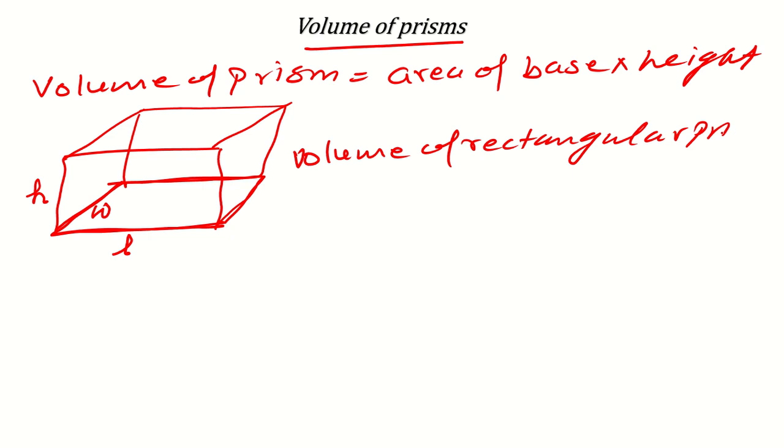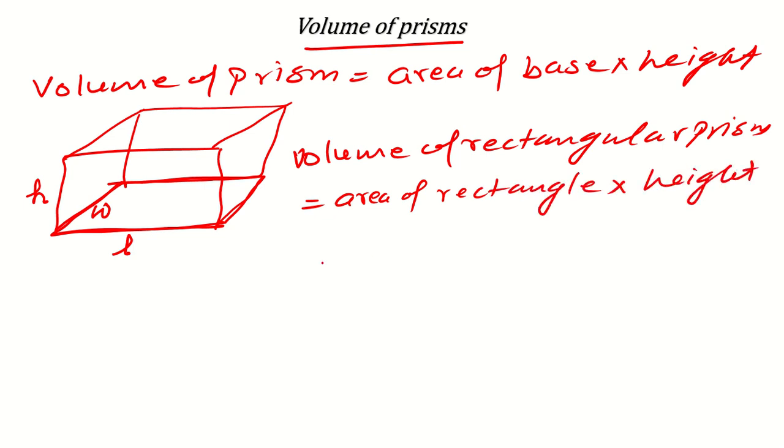The formula is the same: area of base multiplied by height. Here it will be area of rectangle, because the base is a rectangle, multiplied by height. Area of rectangle is L multiplied by W, and height is H. So the formula becomes LWH, unit power 3.